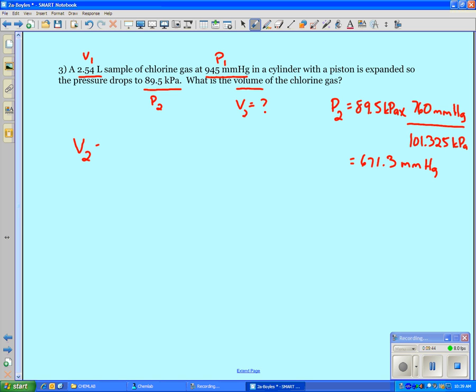Now we can do our calculation for V2. So rearranging the formula, we need P1 times V1 over P2. Pressure 1 is 945 millimeters of mercury.